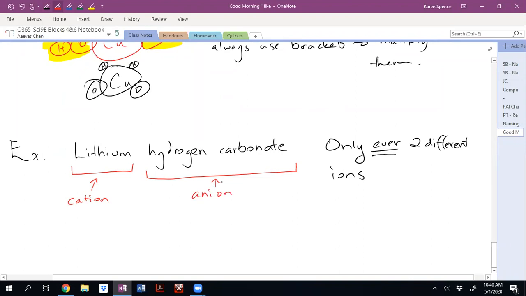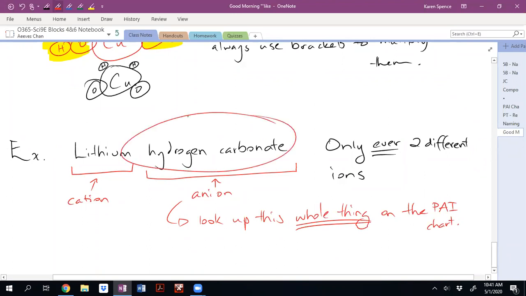Hydrogen carbonate on your polyatomic ion table, and it will show you one group for that entire thing. So you're going to look up this whole thing on the polyatomic ion chart.